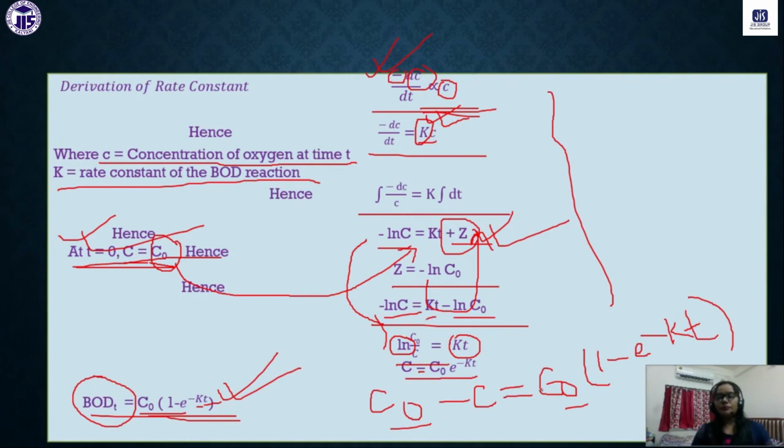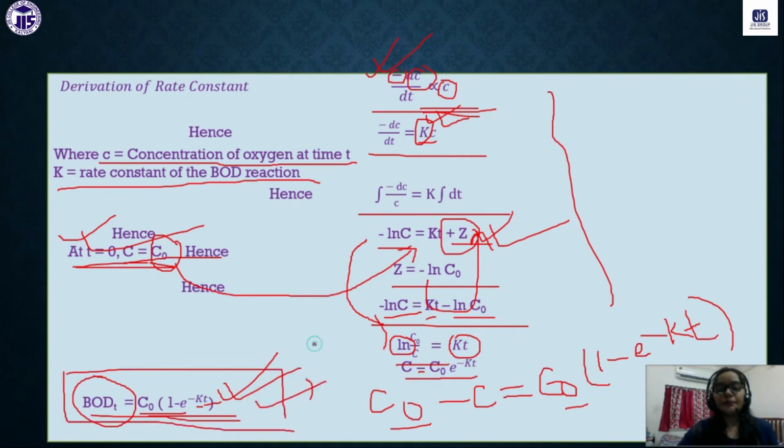This is equation number 3. Based on this equation, there will be so many problems, and we will do the problems in our next class.